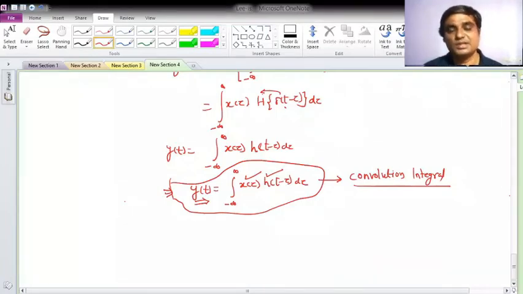So under pressure, the system gives me the characteristics. Similarly, if I apply the impulse and find the impulse response, from that impulse response I am quite confident to determine the characteristic of the system.